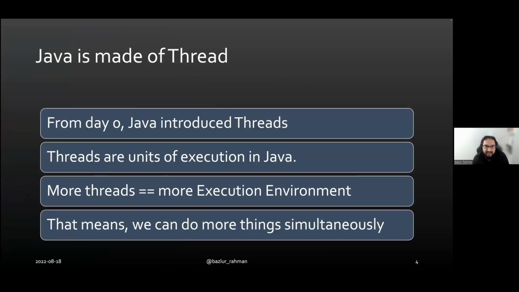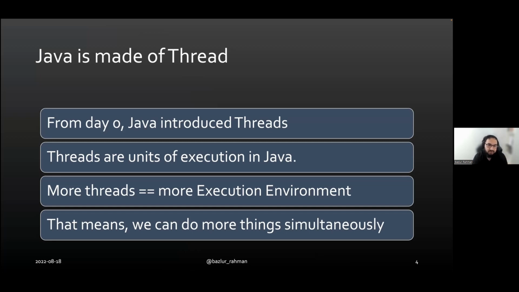Like I said, I'm going to give you some context. What is concurrency all about in Java? Probably you have been a Java developer for many years, and you already know this: Java is pretty much made of threads. What do we mean by Java is made of threads? I'll give context shortly.